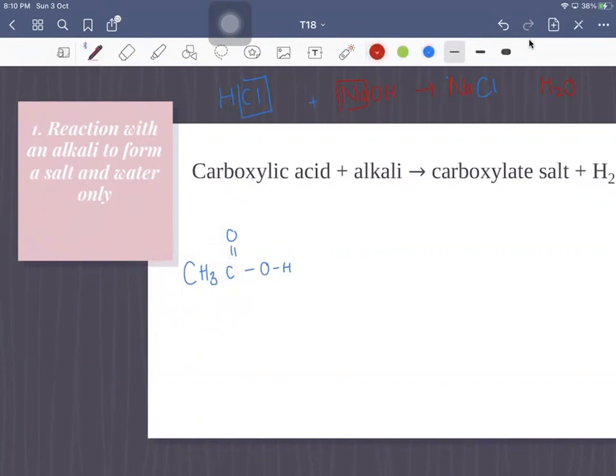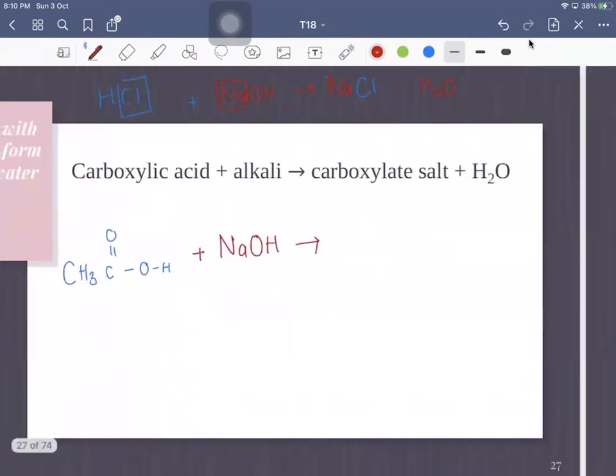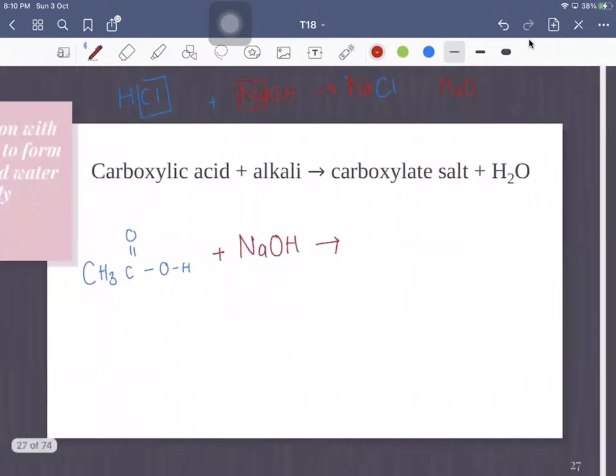Plus an alkali, the easiest one being sodium hydroxide, the general equation would give a carboxylate salt. I'll leave the carboxylate salt for later and write down the other product first, which is H2O.